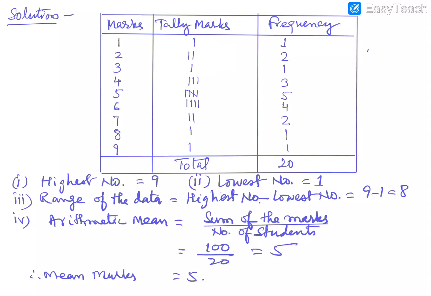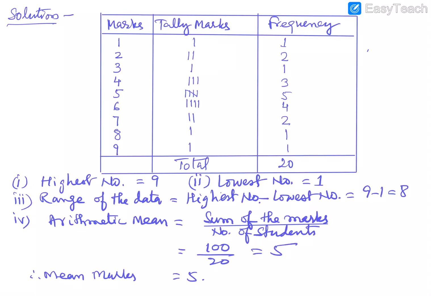Here highest number is 9 and lowest number is 1 and range of the data is given by highest value of the data minus lowest value of the data. Here highest is 9, lowest is 1, their difference is 8. So range of the data is 8.